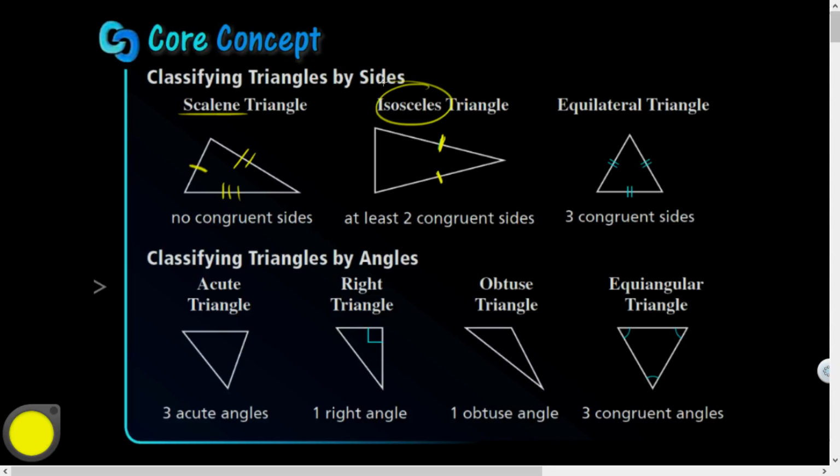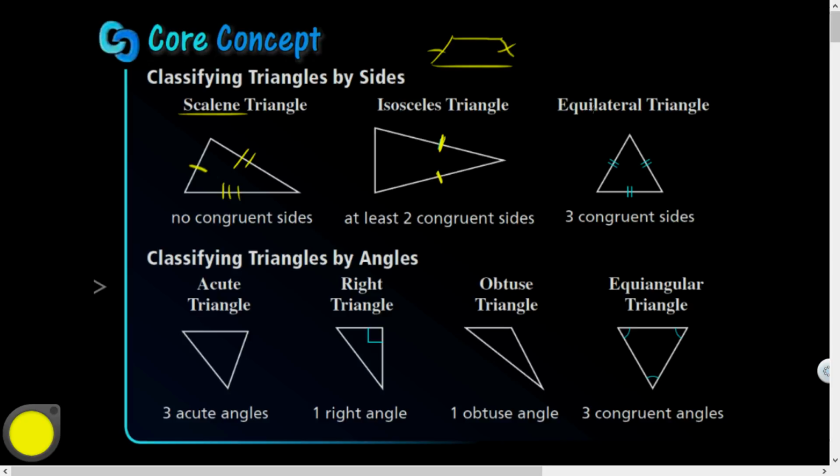That word can also be applied to isosceles trapezoids later on, if you have two congruent sides on a trapezoid. And if you have three congruent sides, it's called equilateral, which you can kind of see, equal, like laterals, sides or something. So there you go. Great stuff.